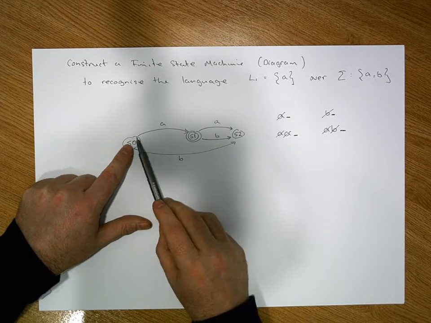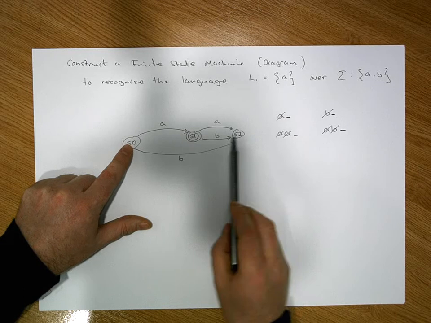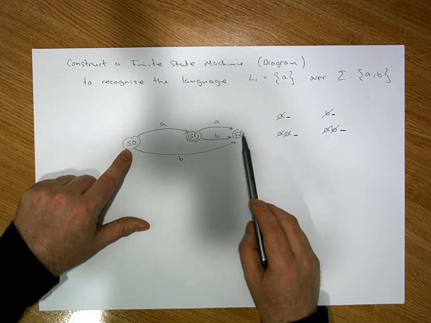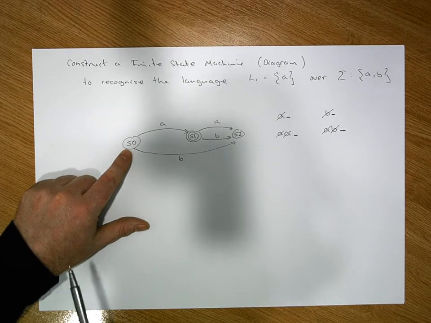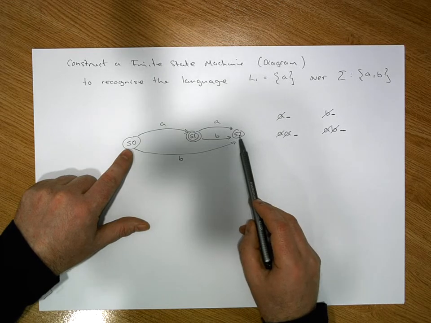It won't accept an A followed by an A, or an A followed by a B. It won't accept a B. Will it accept a BB?